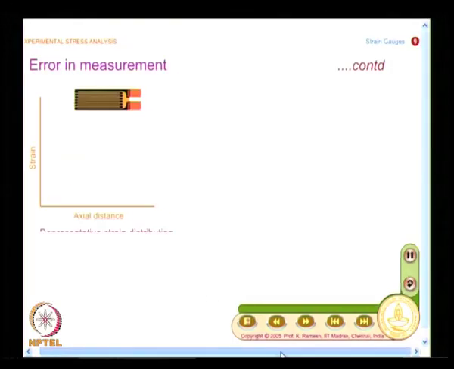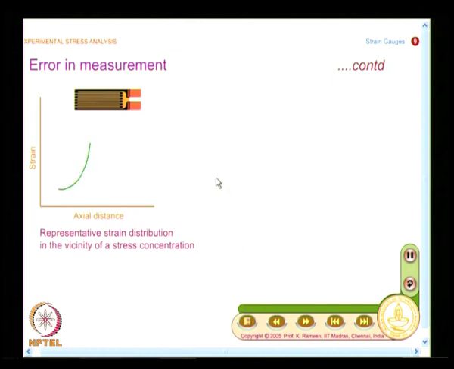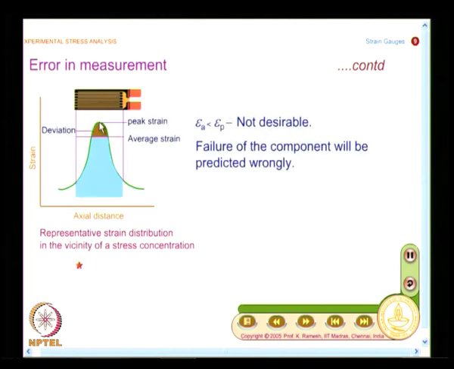When the strain is uniform or varying linearly, the strain measured at the center is the same as what you measure on the strain gauge. Suppose I have a sharp variation, I am not having a uniform or linearly varying strain picture, then what I sense on the gauge length would be different than the peak strain.